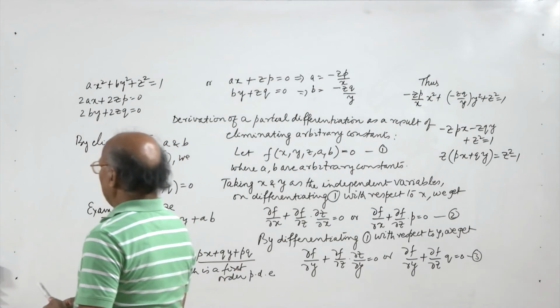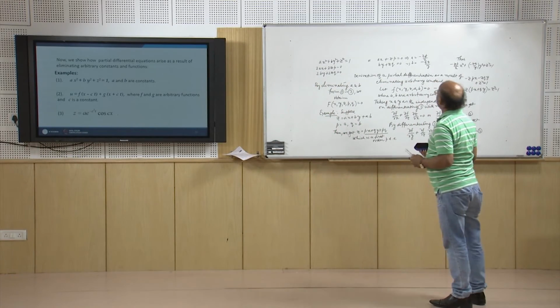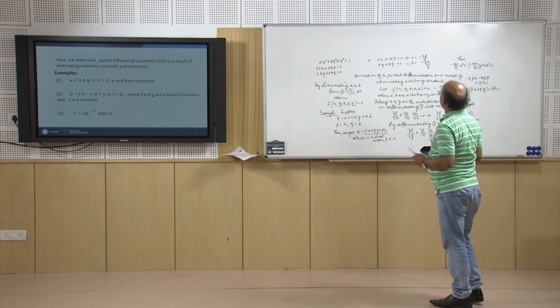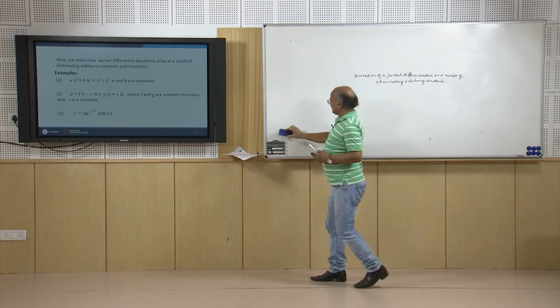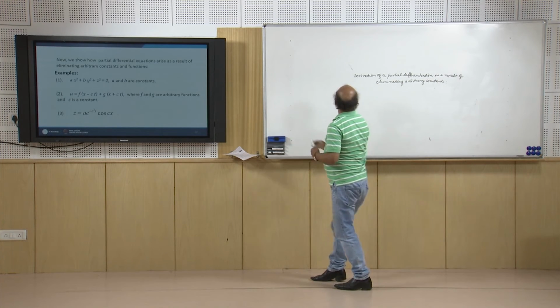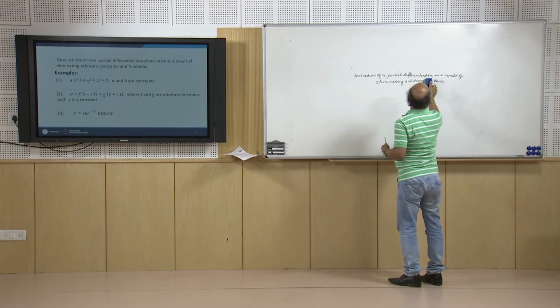Okay, so this is the first order differential equation that we get after eliminating the two arbitrary constants a and b. Now let us derive a partial differential equation by eliminating arbitrary functions.